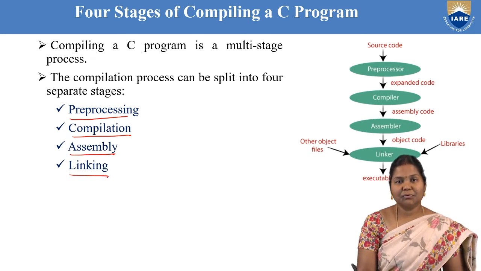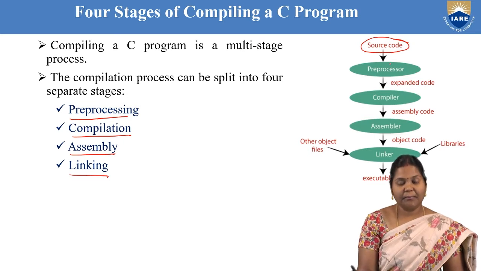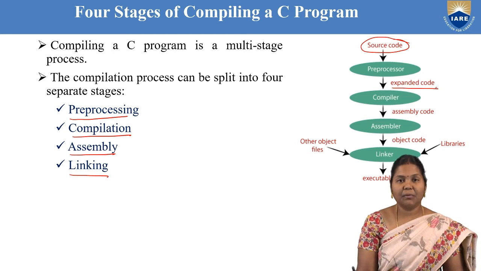Now, let us see this diagram. Suppose we are writing the source code using any text editor. Then that C program is first given to the preprocessor. The preprocessor will produce the expanded code after expanding the macros and any other constants if there are any.